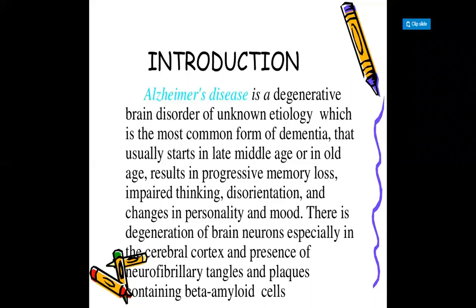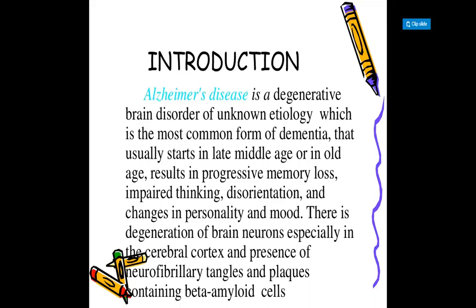Means in Alzheimer's disease, the patient has progressive memory loss, and also has impaired thinking, disorientation, and changes in personality and mood. There is degeneration of brain neurons, especially in the cerebral cortex, and presence of neurofibrillary tangles and plaques containing beta amyloid cells.